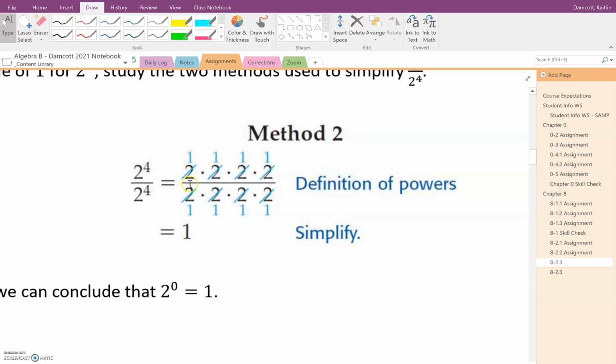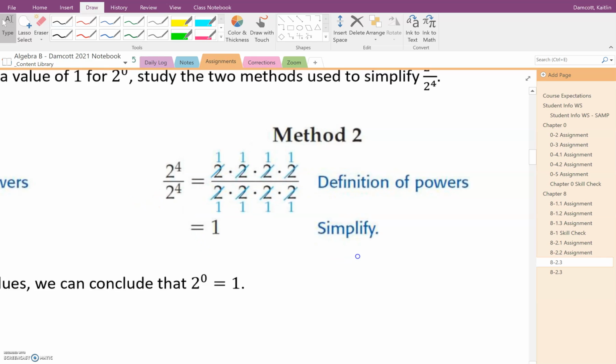So you see it, cancel, cancel, the first set cancel, and you've got 1, the second set cancel, you've got 1, third set cancel, you've got 1, fourth set cancel, you've got 1. So you have all of these 1s. What's going to happen is you end up with 1 over 1, which is simply 1. So in method 2, they're saying that 2 to the 4th power over 2 to the 4th power equals 1.